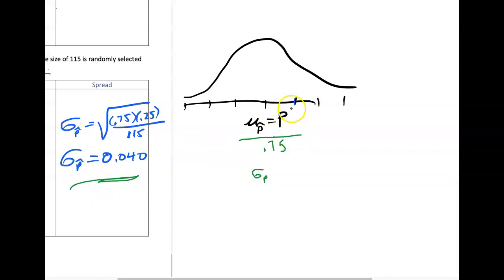So this would be 0.79, because you add 0.04 to 0.75, and adding another 0.04 would be 0.83. So we can start to see what we would expect if we did a sample of 115, and the proportion would fall within this type of normal distribution. Going down one, this is 0.71. That's what we're trying to analyze here.